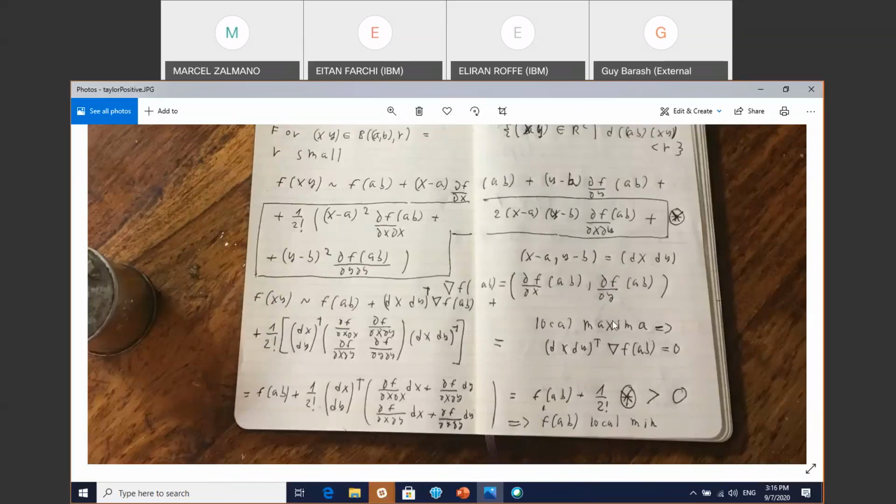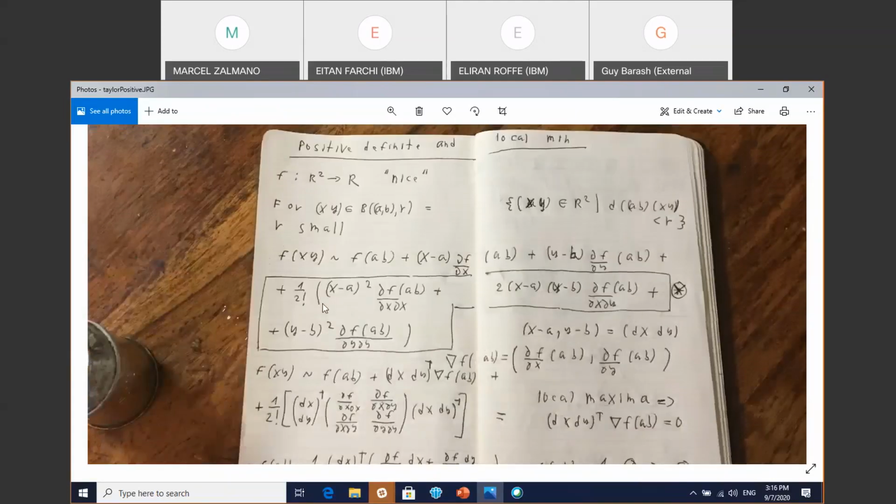But that's exactly the definition of a positive definite matrix. A positive definite matrix is a matrix that, multiplying it with the two vectors around it like that, gives you something that is bigger than 0. And that applies not only to A and B. We want it to apply to any point in the ball, in the small ball around R, where the approximation is valid.